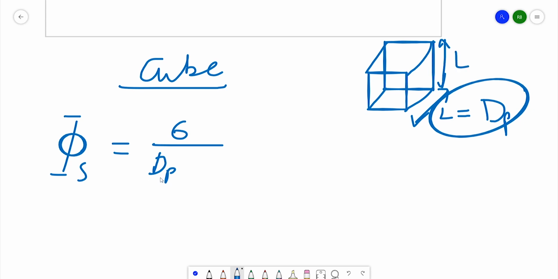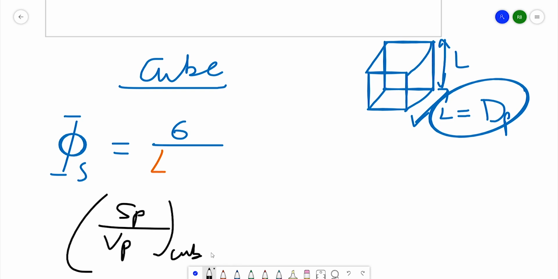You can put L here, no issue, because this will be the equivalent diameter if you assume this as a spherical particle. Okay. Now calculate Sp by Vp of the cube.